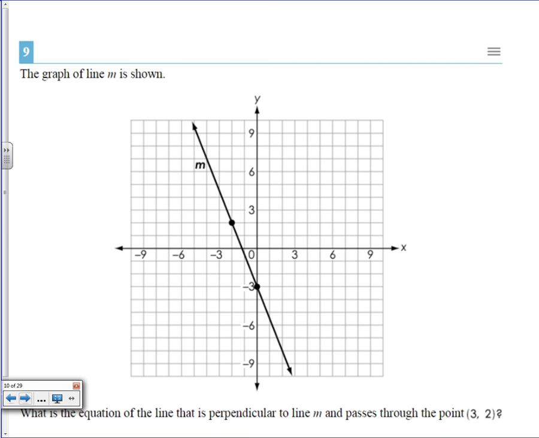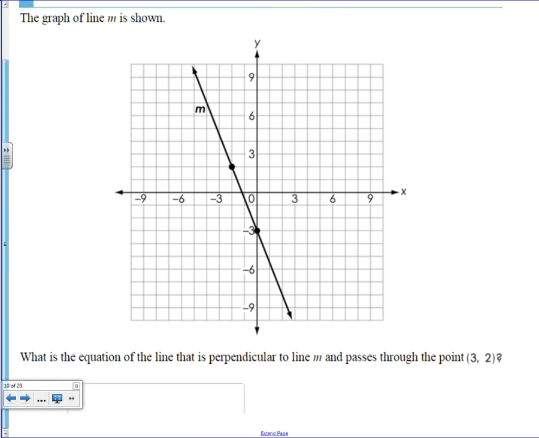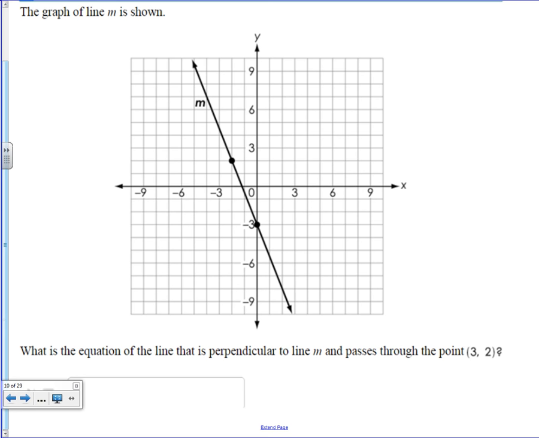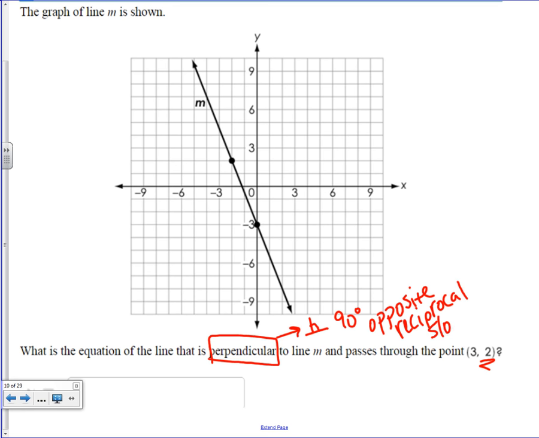Number 9, the graph of line M is shown. What is the equation of a line that is perpendicular to line M and passes through this point? Well, the first thing you need to know is what's perpendicular. Perpendicular means a 90-degree angle. And in order for us to do that, we have to have opposite reciprocal slopes. So I've got to figure out my slope here.